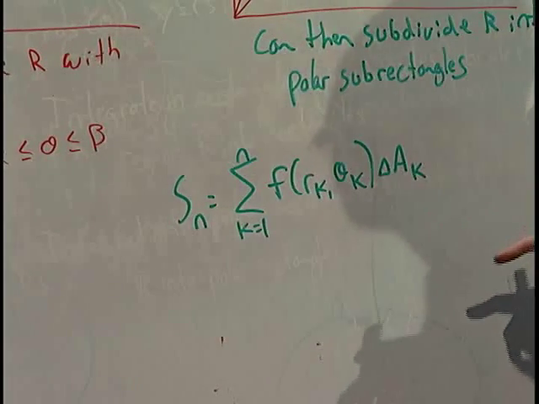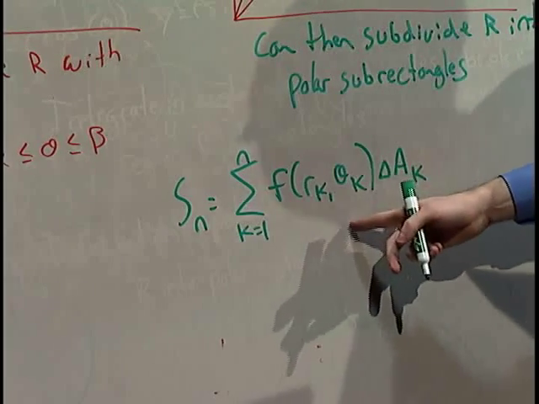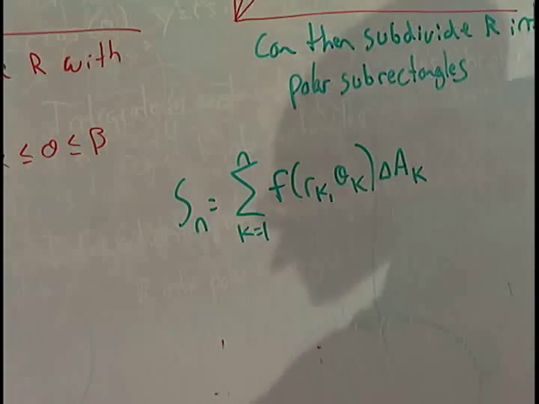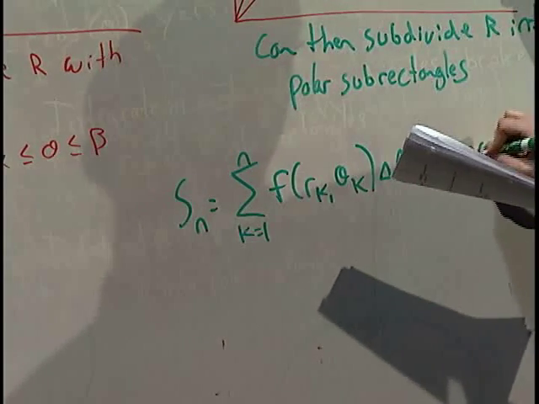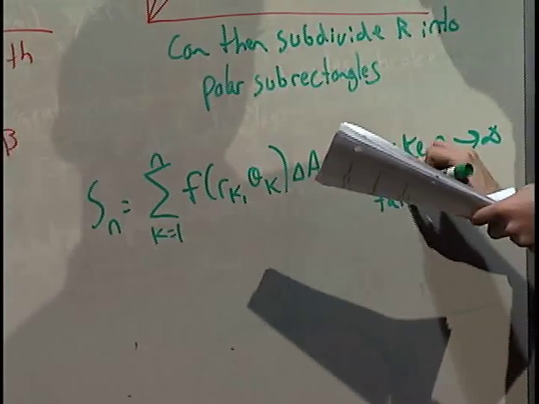This looks just like the function f of x, y we did in the last section with rectangular coordinates, only this time we have polar coordinates and polar rectangles as opposed to regular rectangles, but it's the same idea. You're just going to make n go to infinity and take a limit.